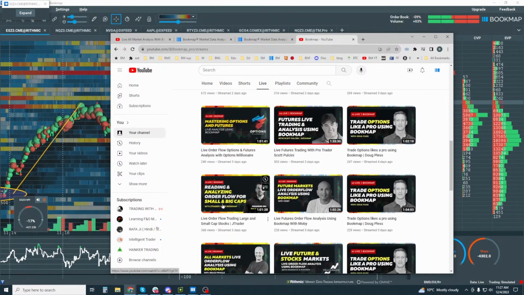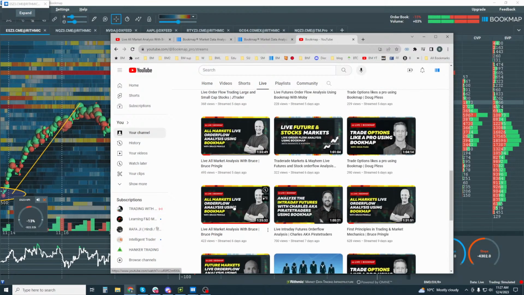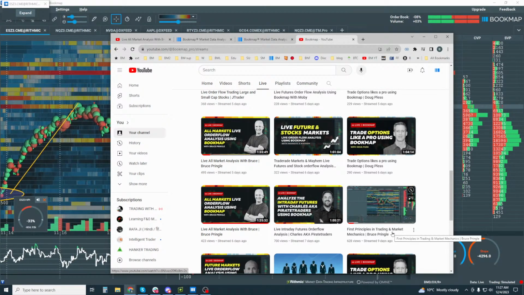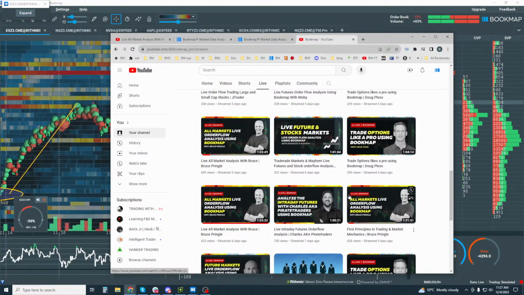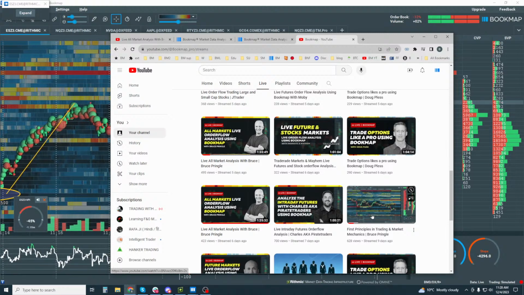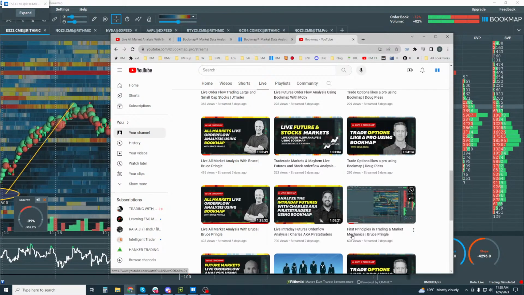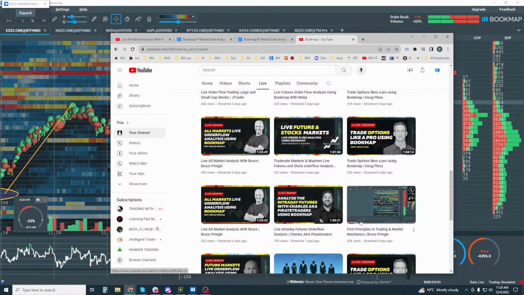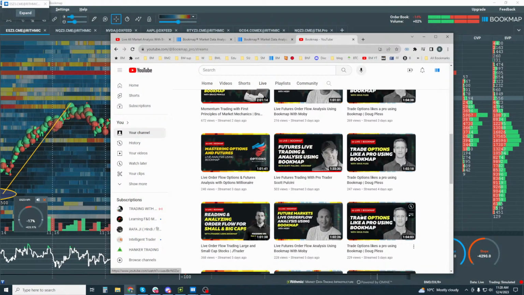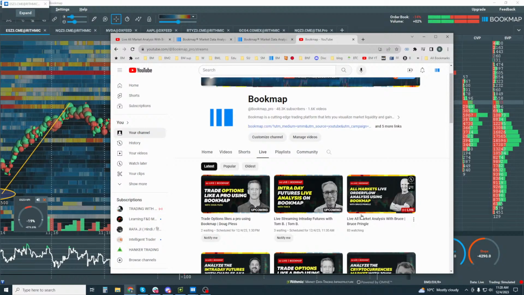And then there was another one in here that was first principles and trading market mechanics. So this is kind of a bigger picture move here. Oh, you liked it last Friday? Yeah, thanks, Stephen. I would suggest, if you're interested in what we're covering today, these go into more depth, so it will give you a good foundation.